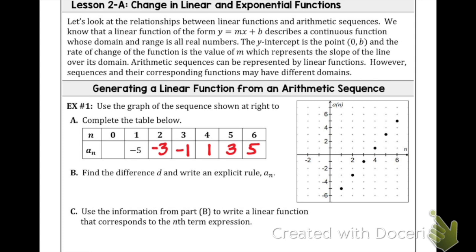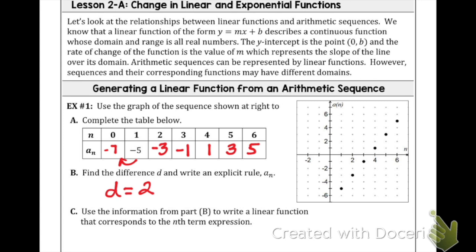So looking at the common difference, our common difference d is going to be equal to 2, since we're adding 2 each time. So going back up here, if my first term in my sequence is -5, and I have a common difference of 2, my 0 term, my a naught, would end up being -7, because we're going to do -5 minus 2, which gets us to -7.